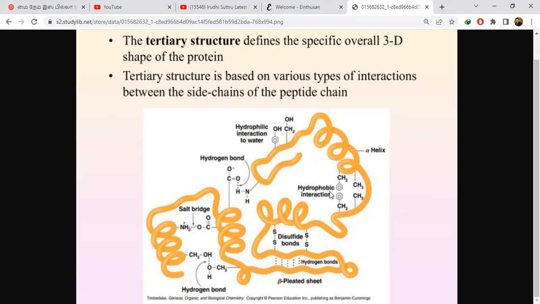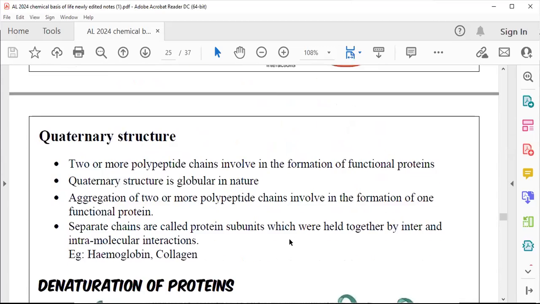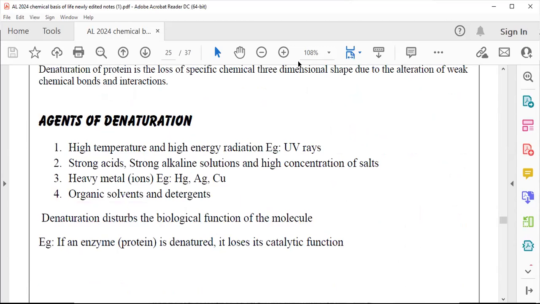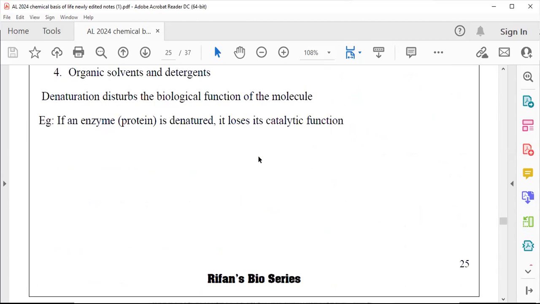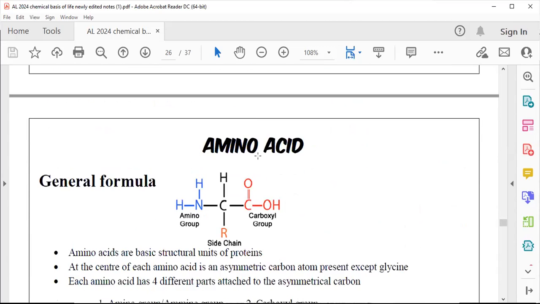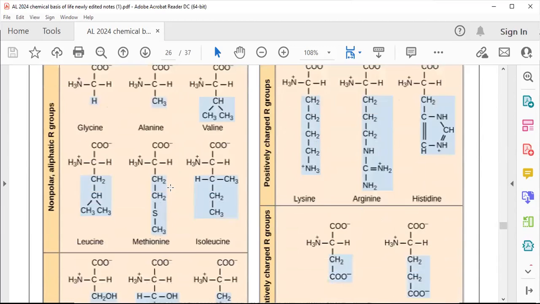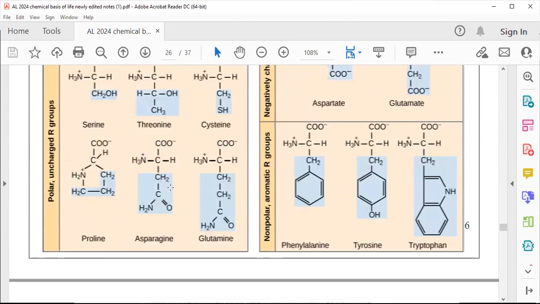Now, in the last class lesson, did I introduce you amino acids? Yes, sir. This side chain, this part, did I introduce you?